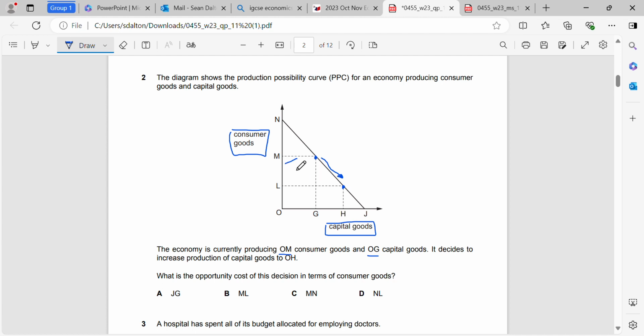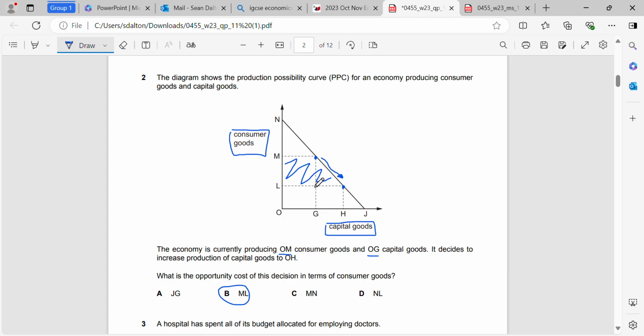So we have essentially given up ML. M to L is the area for the amount of consumer goods that we are now no longer producing, because we were producing M and we are now producing L, so we're producing this much less. So basically any point that we move to, the area in between those two points will be the opportunity cost.